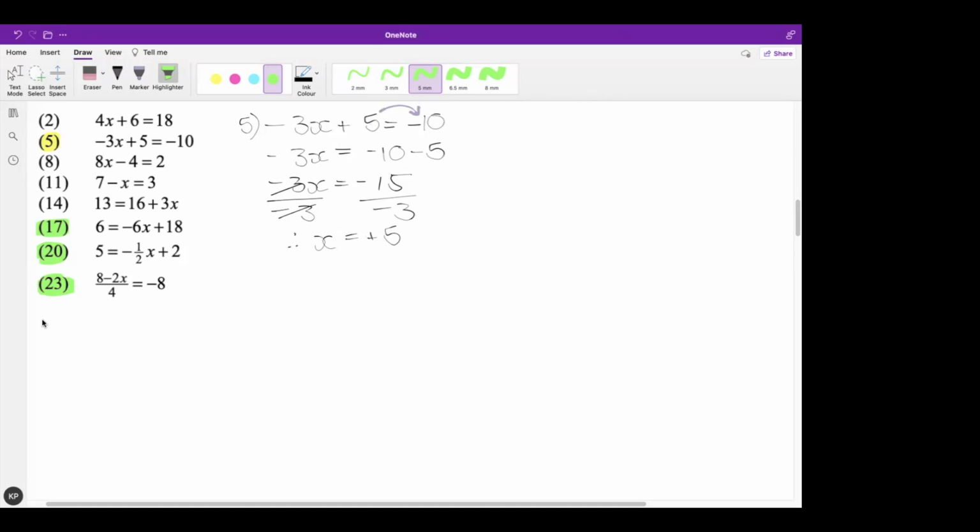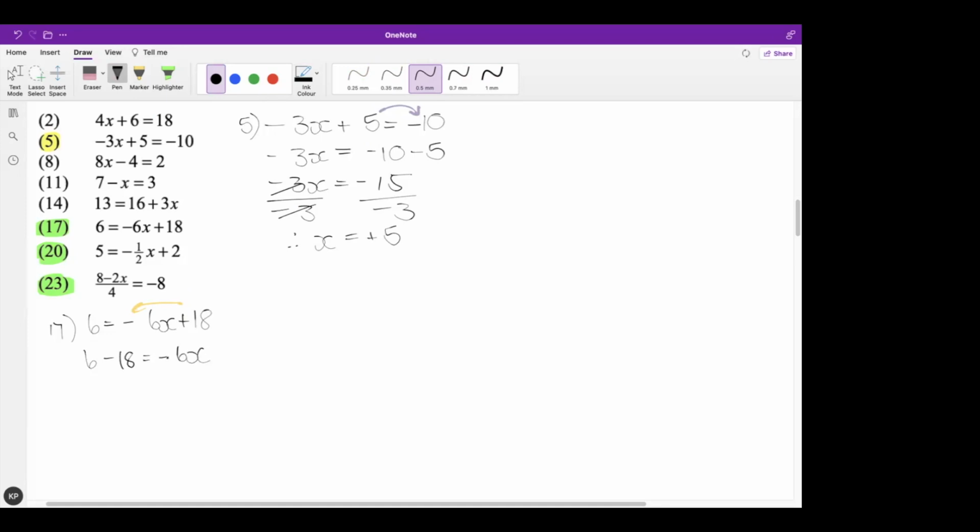Let us check. Great. So 17. For 17, we have 6 is equal to negative 6x plus 18. I want my x to be on its own, so I'm going to take my positive 18 over to that side, and it will become negative 18. So I have 6 minus 18 is equal to negative 6x.